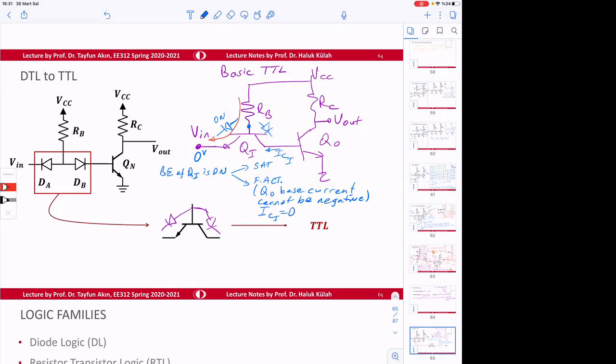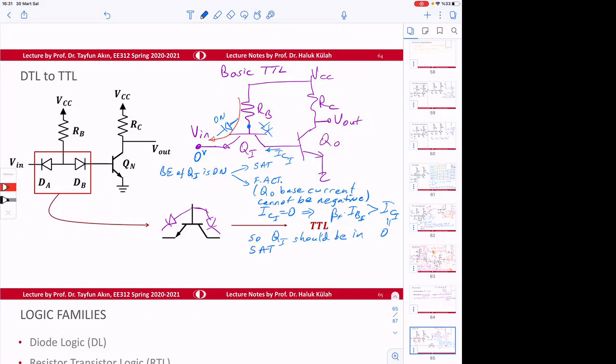If that is the case, then beta F times I base of I is going to be larger than IC of I, which is equal to 0. So therefore QI should be in saturation.